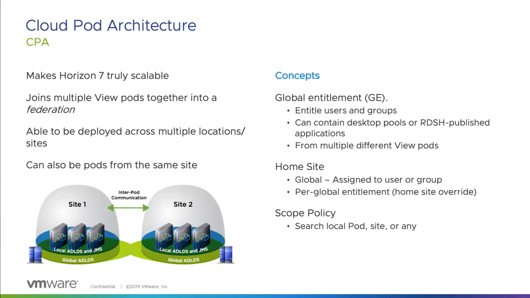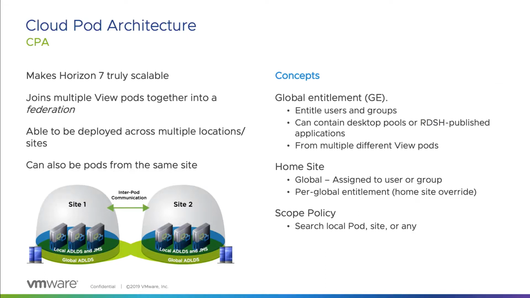Right, a cloud pod is actually connected. So a pod is usually, while you can have multiple pods in the same city, what we typically find is that pods are distributed across geographies. That's the reason why I said it's cloud pod. So one of my customers has got 2 pods in Singapore, one in London, and one in New York.